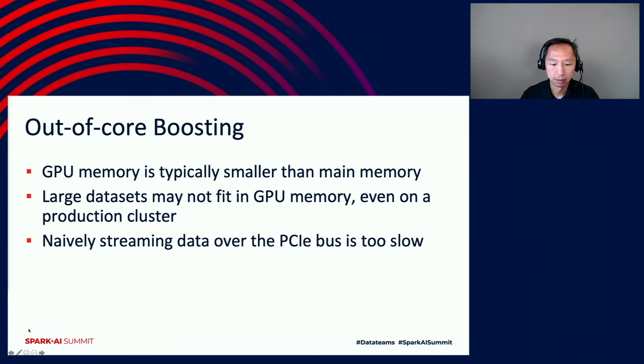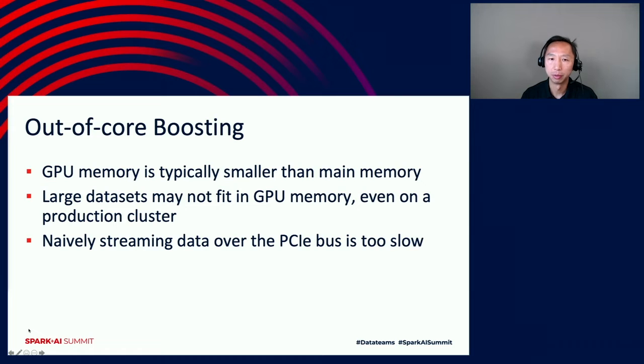In a typical cloud deployment, I think the current generation of GPUs have 16 gigabytes of RAM. But if you're spinning up a virtual instance with just one GPU, you can typically get 60 to 80 gigabytes of system RAM. So you're at a disadvantage if you want to fit your whole data set into GPU memory.